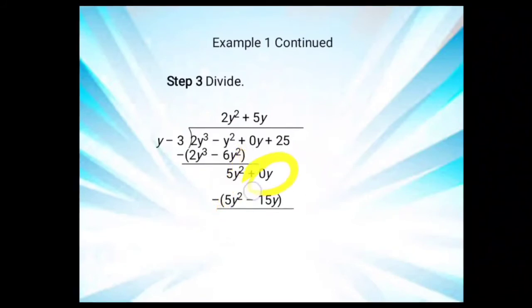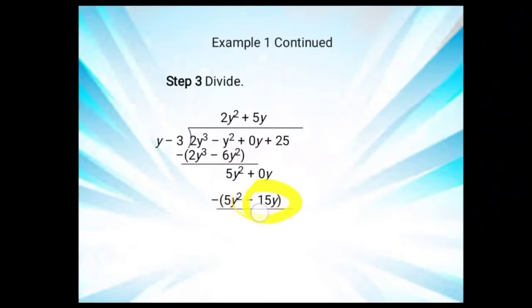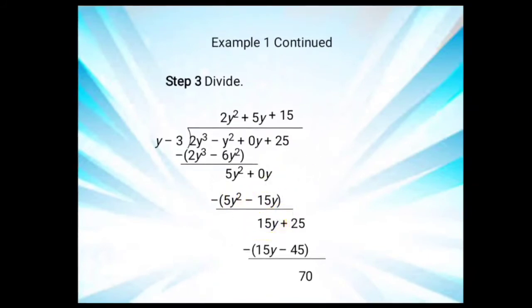Then 0y minus negative 15y. As you can see, keep, change, change. So we will have positive 15y. So 0y plus positive 15y is positive 15y. Then bring down 25.